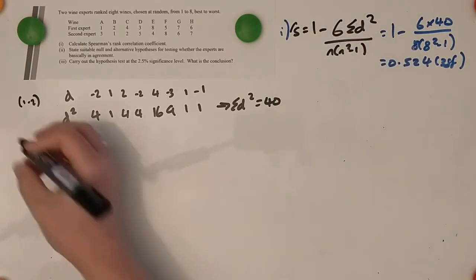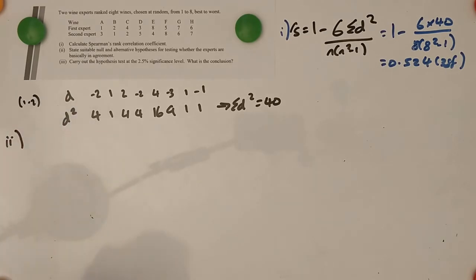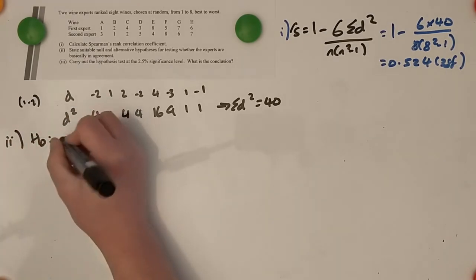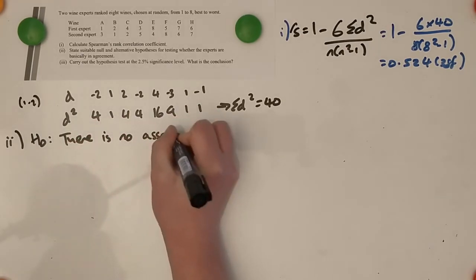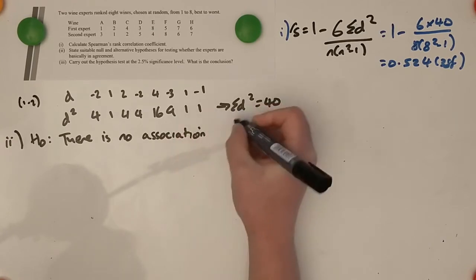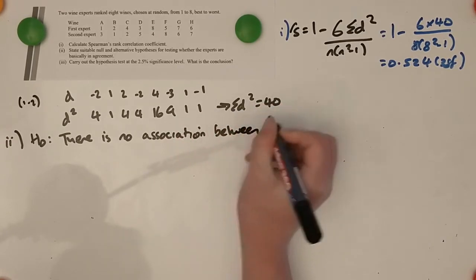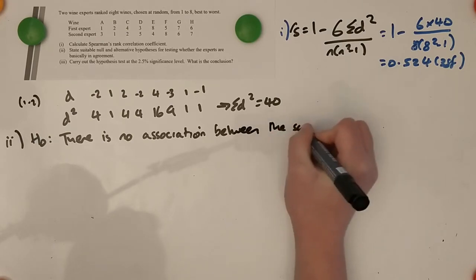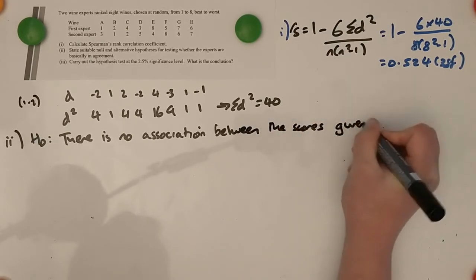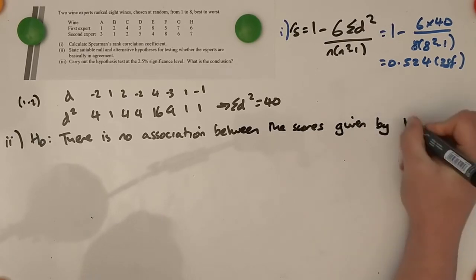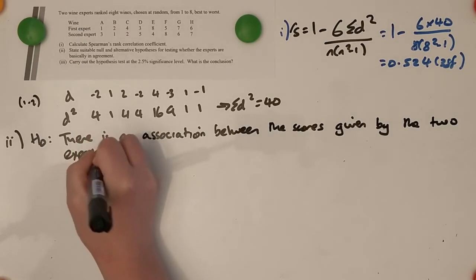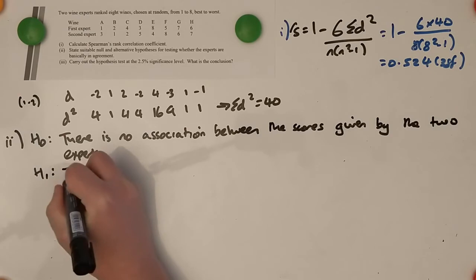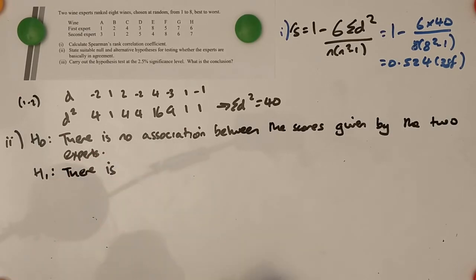Okay, part 2, state suitable null and alternative hypotheses. So H0 would be there is no association between the scores given by the two experts. Whereas H1, we're seeing whether experts are basically in agreement.